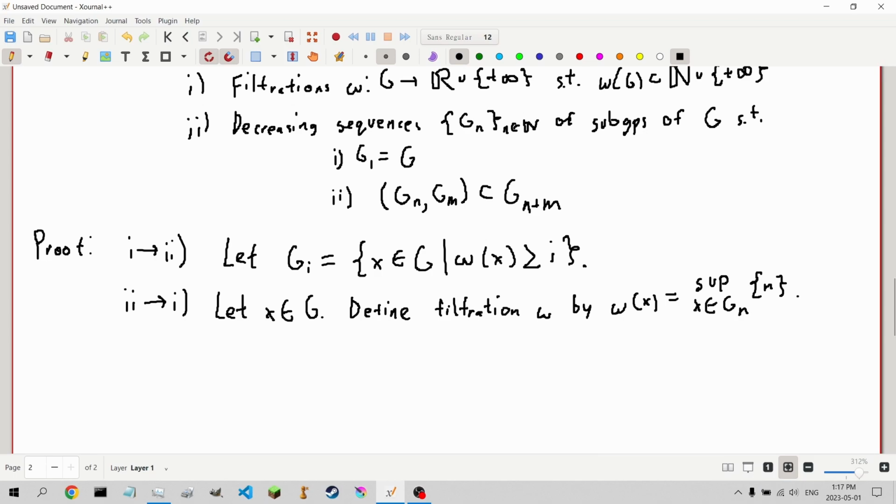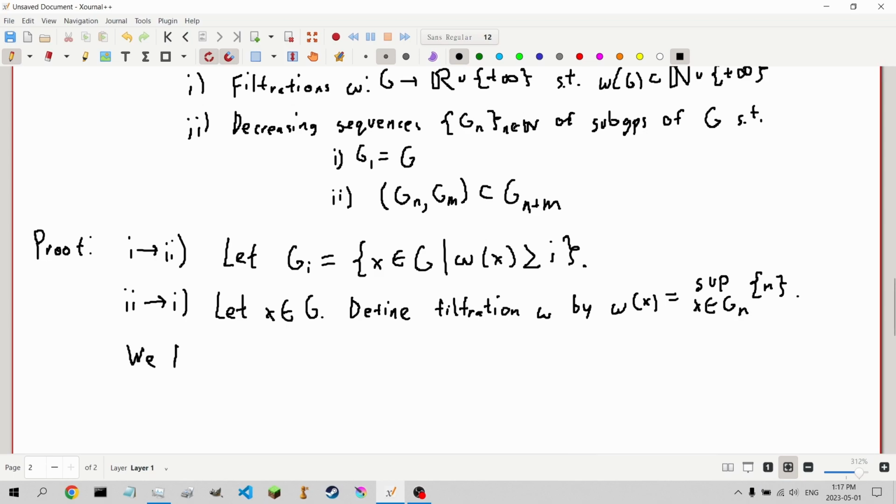So essentially that's what an integral filtration is when we get down to it. It's keeping track of how far in our decreasing sequence this element of the group goes.